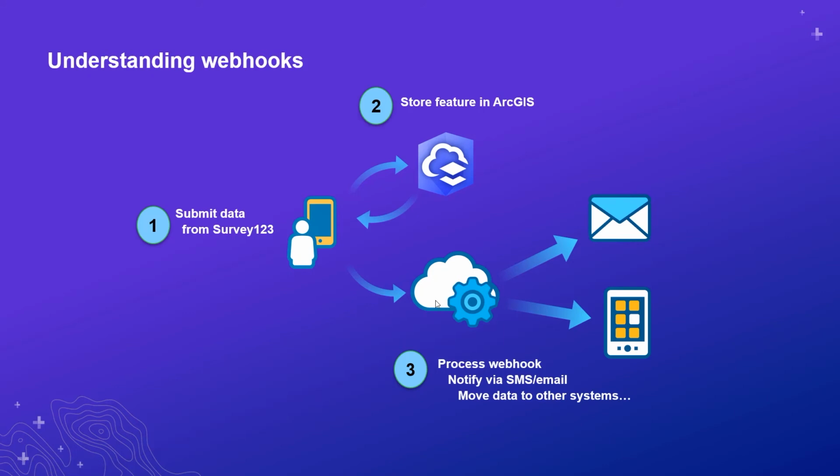You could be sending an email to someone, you could be loading data into a SQL Server database, altering a customer entry within Salesforce, etc. Now, the magic here really happens at this level. What is this? Well, there are different technologies or solutions out there that are specifically designed to work with webhooks, such as those from Survey123.